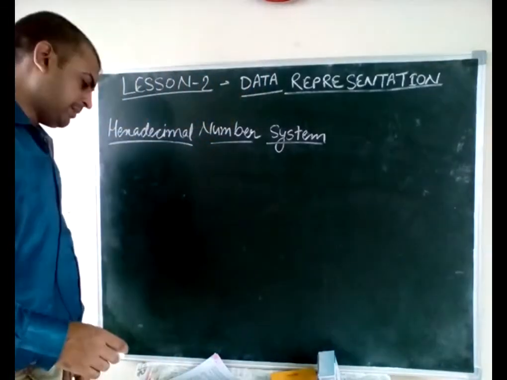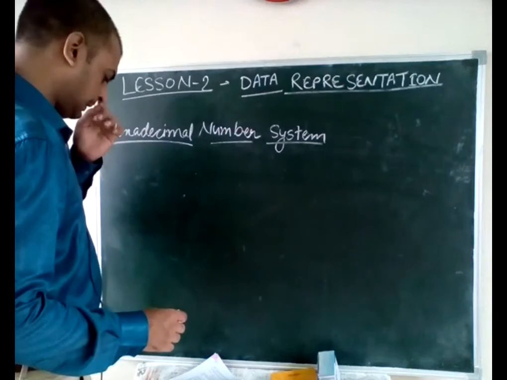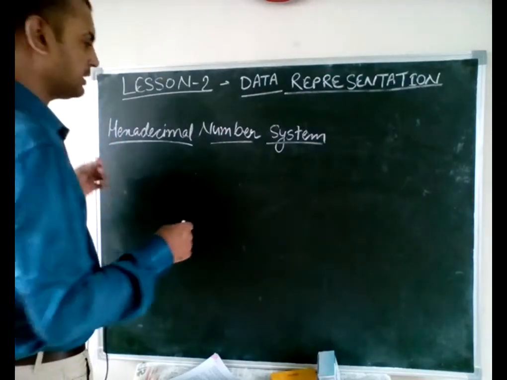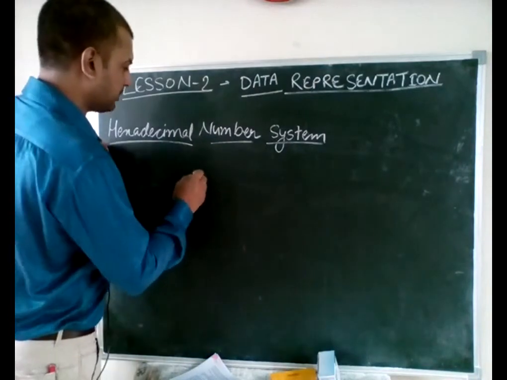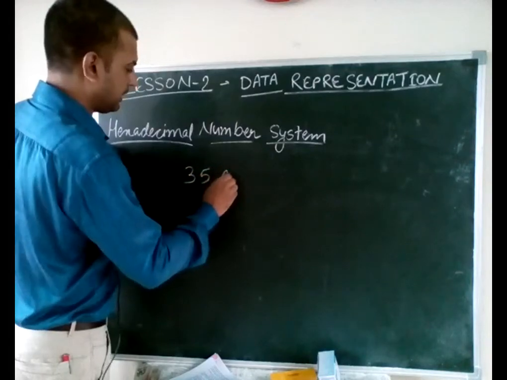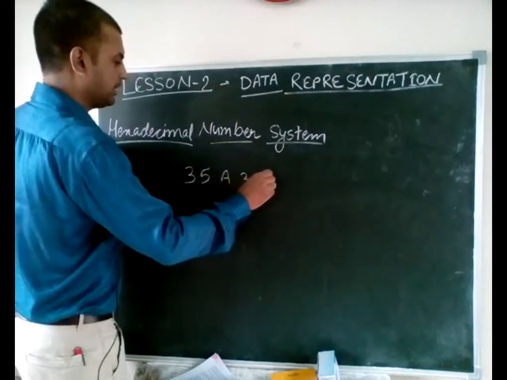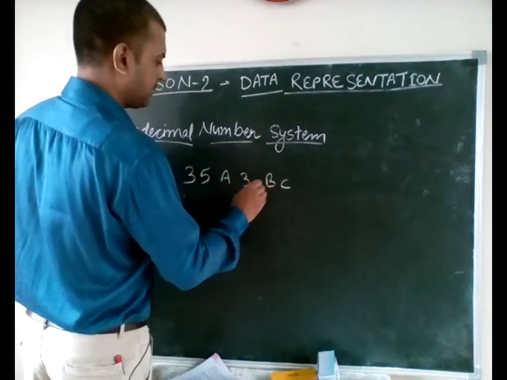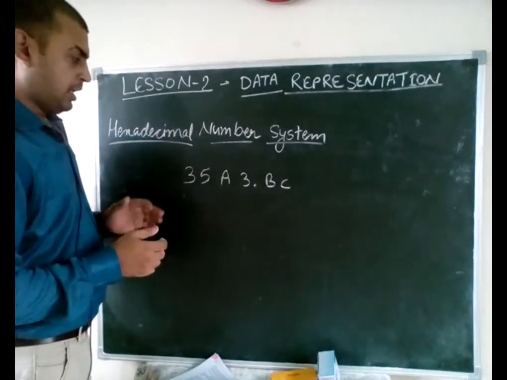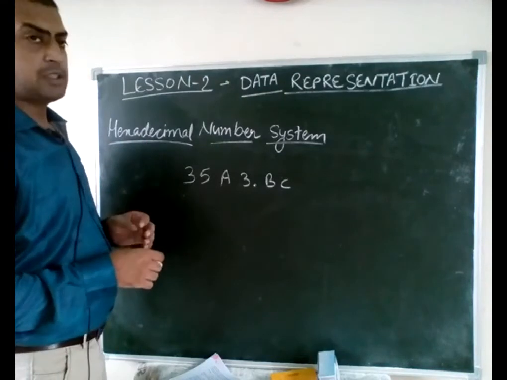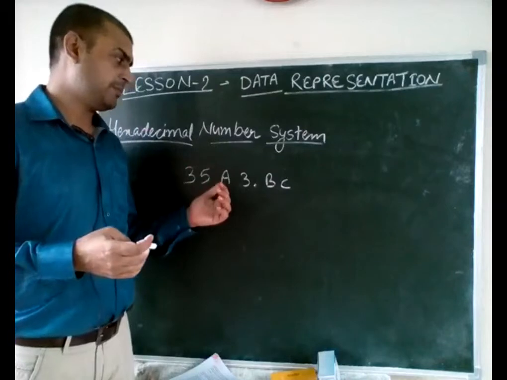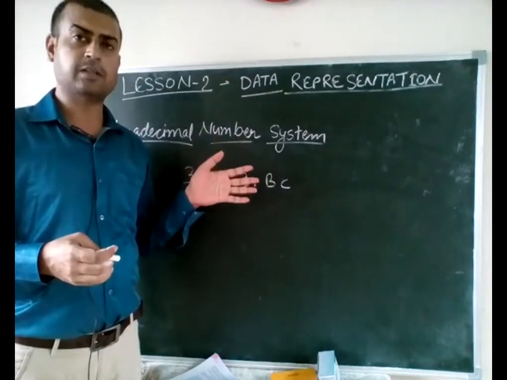Now in the hexadecimal number system also the variation will be the same, as we will use any number like 3, 5, A, 3, point B, C. If this is the number in the hexadecimal number system, the process to evaluate it will be similar to what we have already solved with the 3 different number systems.